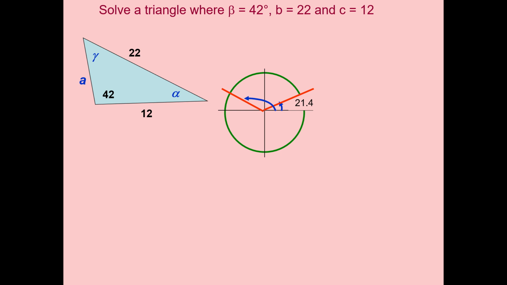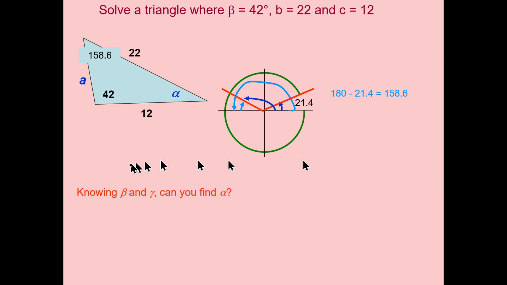So, 21.4. You have a second angle there. How do we find it? 180 minus 21.4 is 158.6. So the other angle is 158.6. And you find the third by subtracting off.